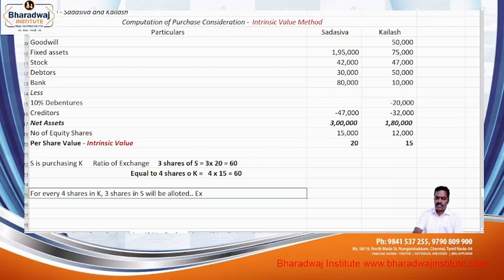So the exchange ratio is 3 by 4, that is 0.75.